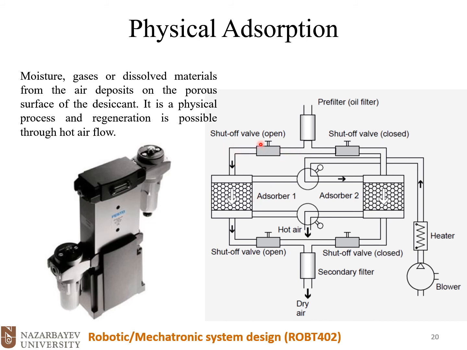Okay, so the air will come to the first chamber, adsorber 1, and adsorber 1 will be saturated after a while with the moisture, and you see that the dry air is the output of this chamber.